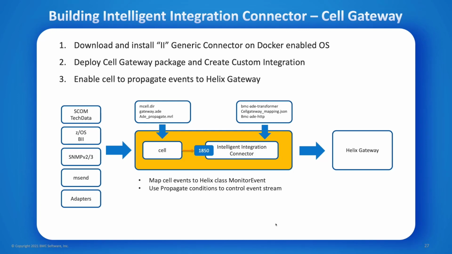Let me put it this way, the easy path of migrating event management: we did the analysis of the knowledge base, we're happy, we can migrate everything, we don't have to think about this. If we have certain things, maybe certain technologies that are currently not supported with an integration to Helix, we can use the cell integration connector.